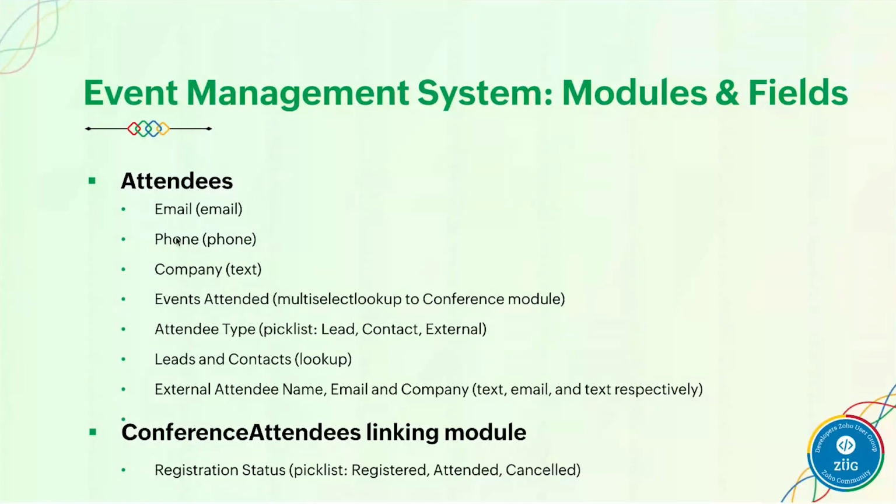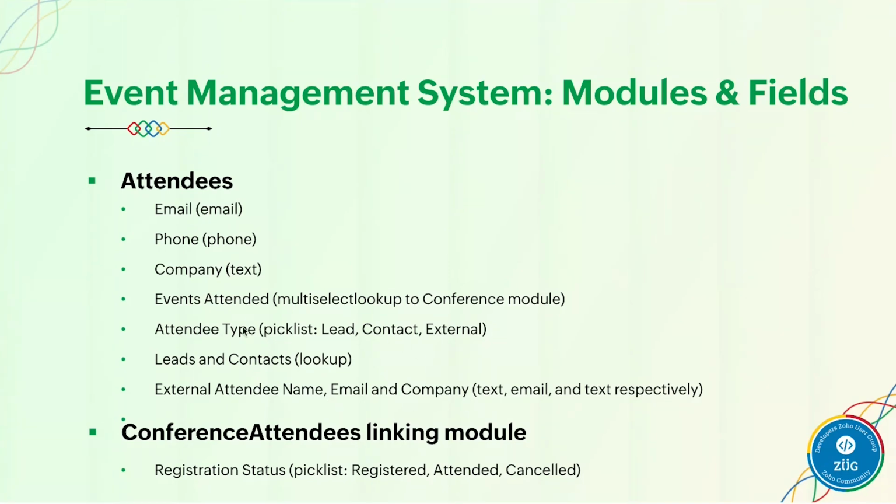For the attendees module, I have the name, which will be created by default, email, phone, company, the events attended, which will be created when the multi-select lookup in the conference module is created, the type of the attendee, leads and contacts as lookups, and external attendee name, email, or company.